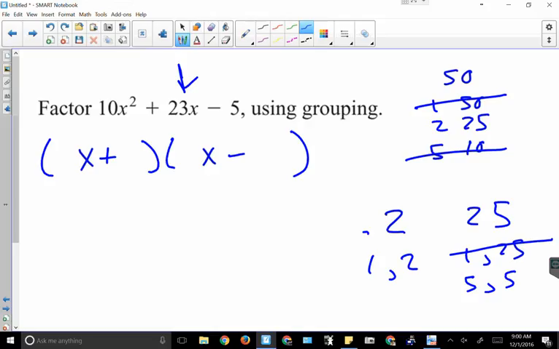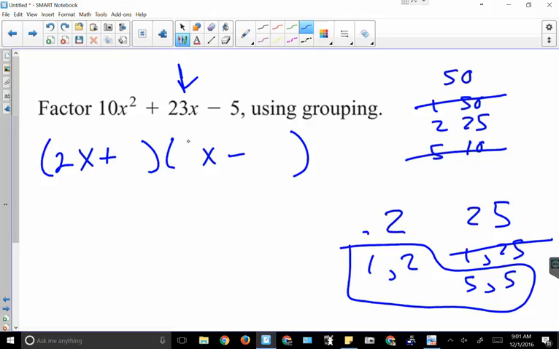So I need to get to a 10. How do I get to a 10? Using the factors that I've got right here. I need to get to a negative 5. What do I need to multiply through by a negative 5? No. What I know is that 10, that's got to be a 2 and a 5, correct?